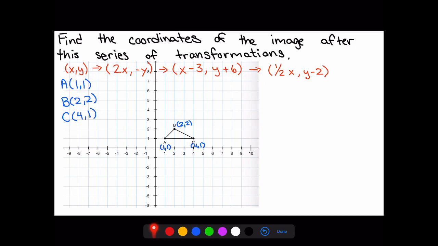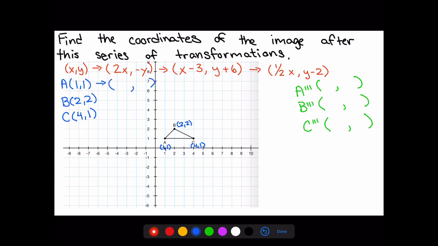Now we've got a series of 1, 2, 3 transformations. So what we're looking for is A triple prime, B triple prime, and C triple prime. Now, to do this, I'm just going to run it through this transformation series. First off, I take A, which is at 1, 1.